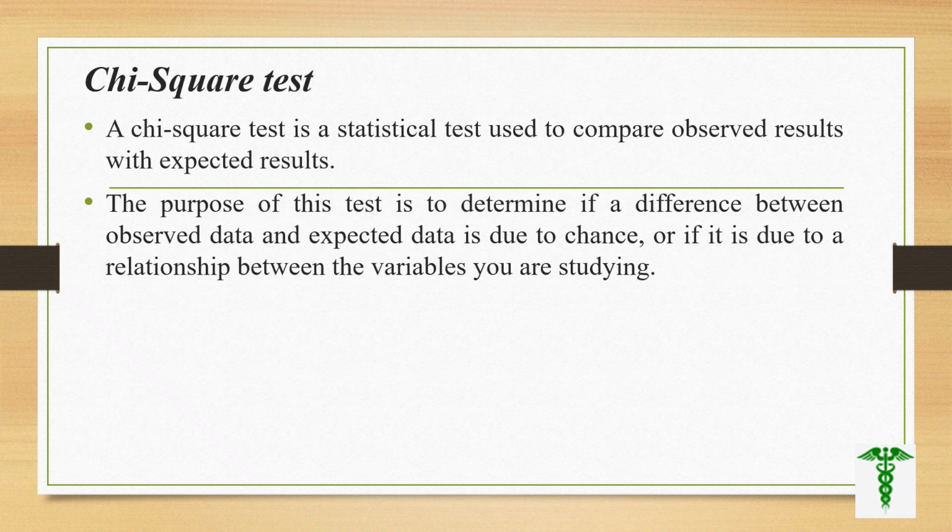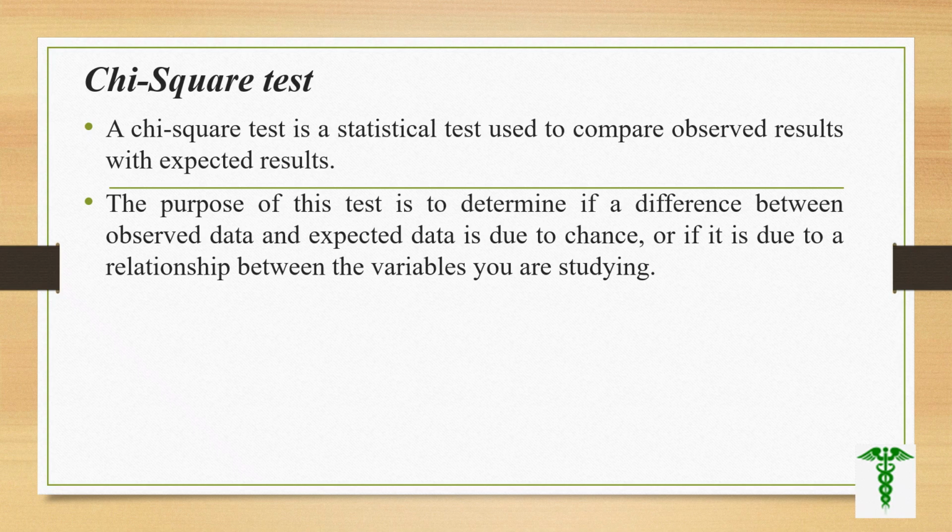Next one is the chi-square test. Chi-square test is a statistical test to compare the observed result with the expected result. It's just a comparison where our data is compared with the expected result. That type of test we call the chi-square test.